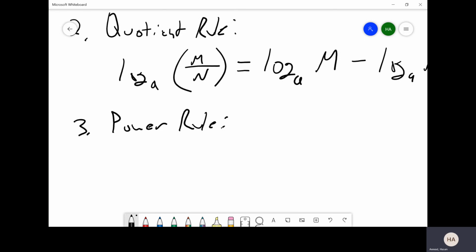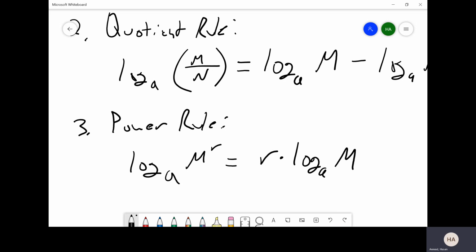Well, the power rule says if you have some logarithm with some base of a, and it's on a value of m raised to an exponent, which I'm going to call r. This is the same thing as r coming out front as a coefficient, okay? So this is the same thing as r times the log base a of m, okay?